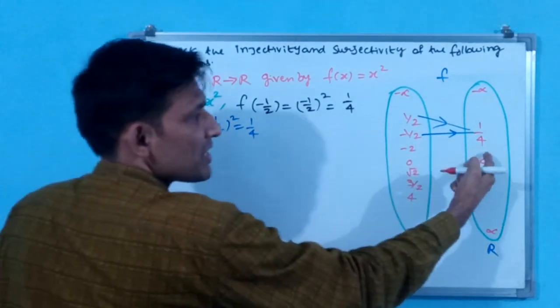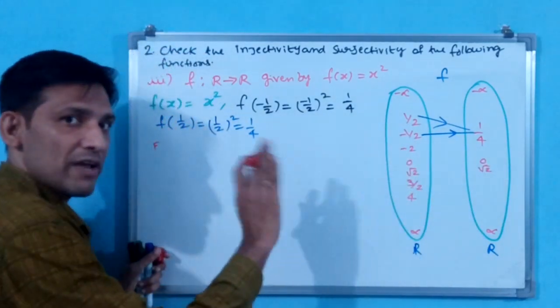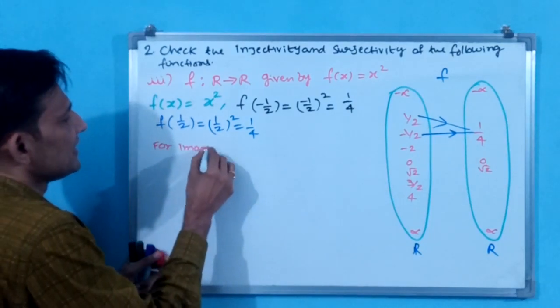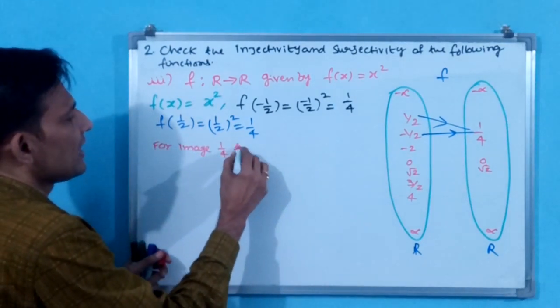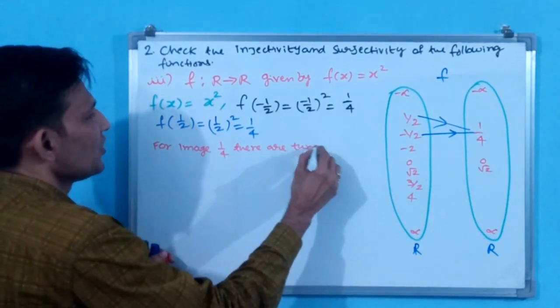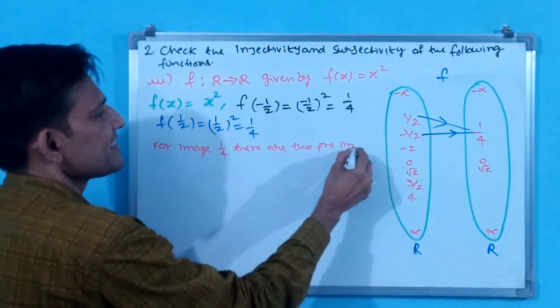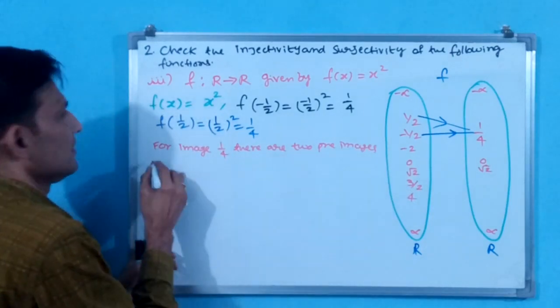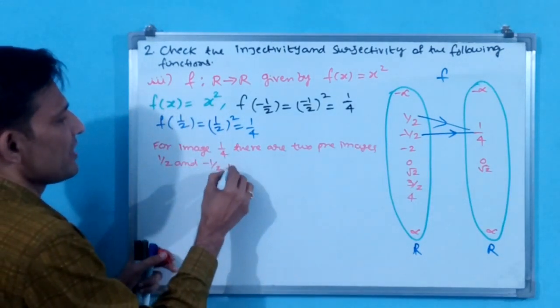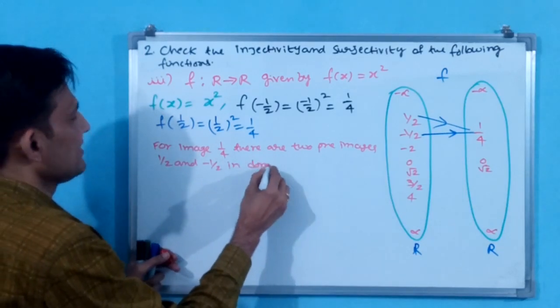See, this is now the image. These two are pre-images. Why? Because these are having a relation. For image 1 by 4, there are 2 pre-images, 1 by 2 and minus 1 by 2 in domain.